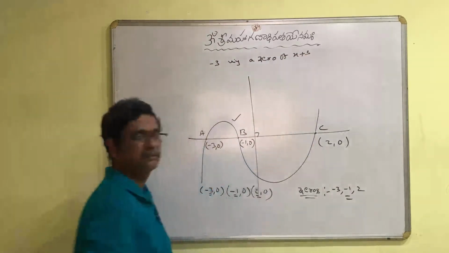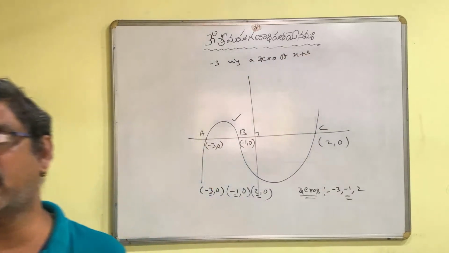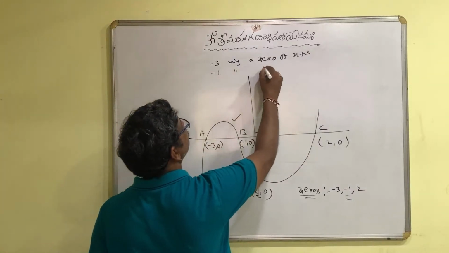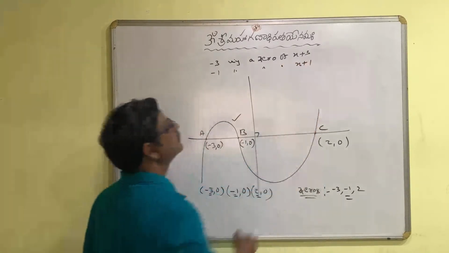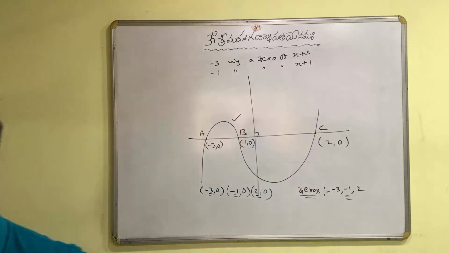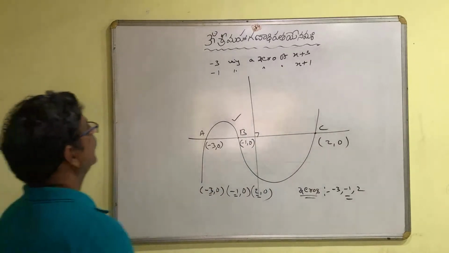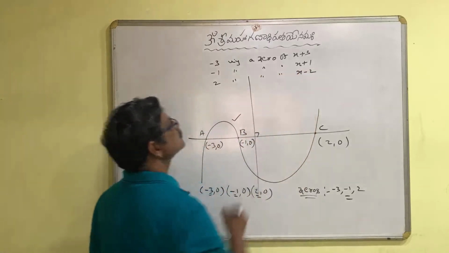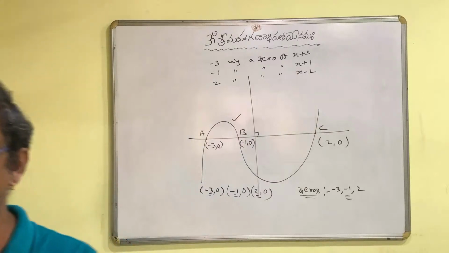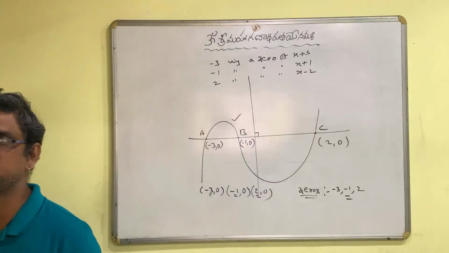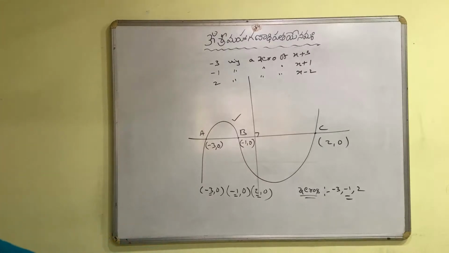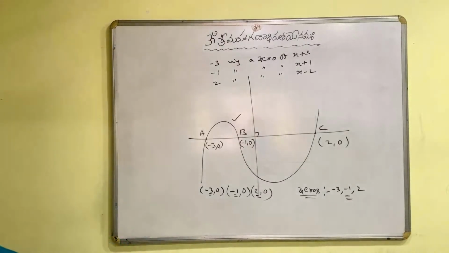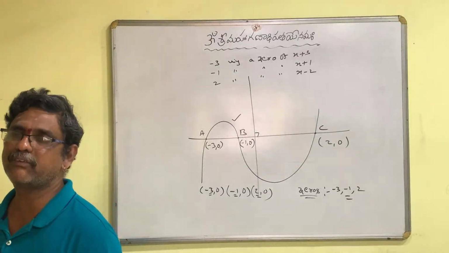Is that right? In the same way, -1 is a zero of x plus 1. And 2 is the zero of x minus 2.